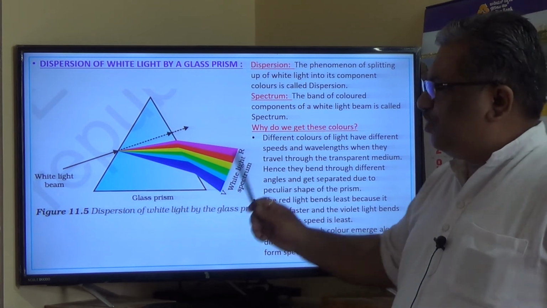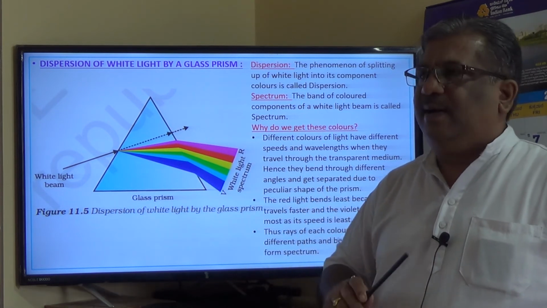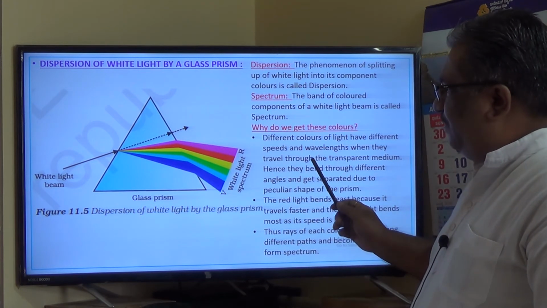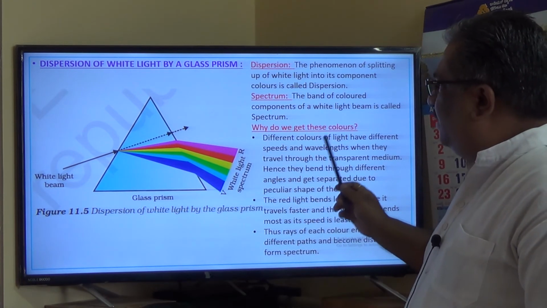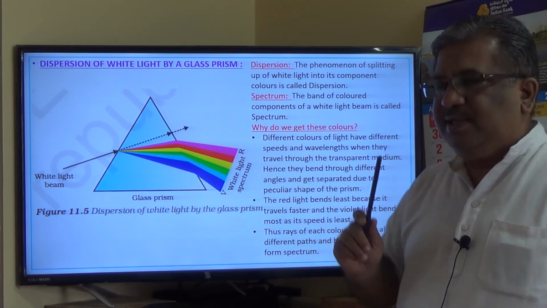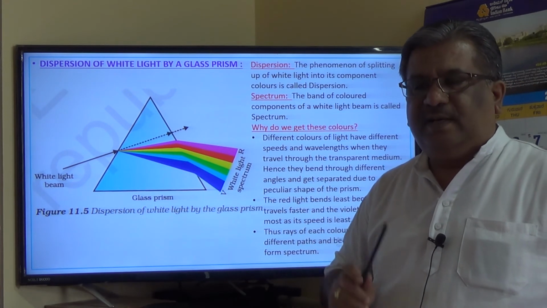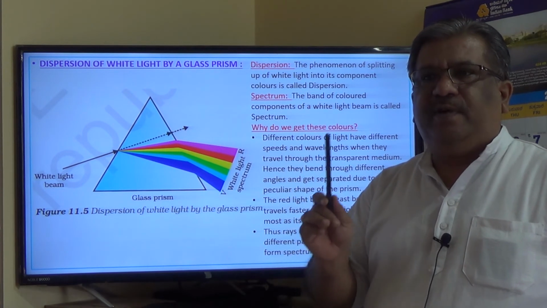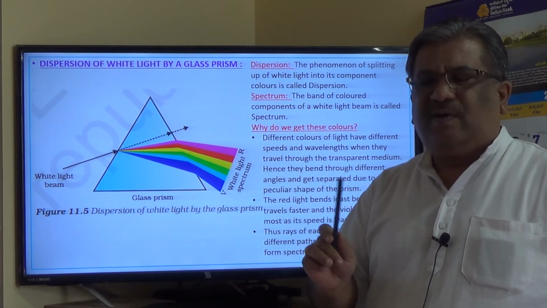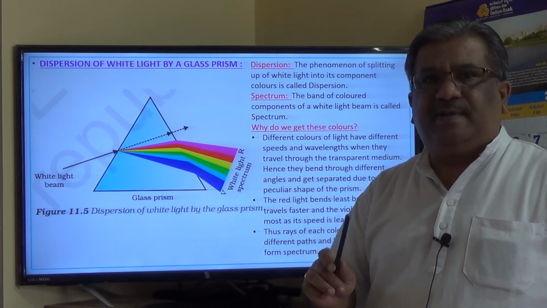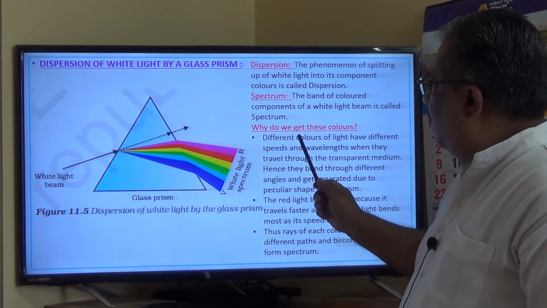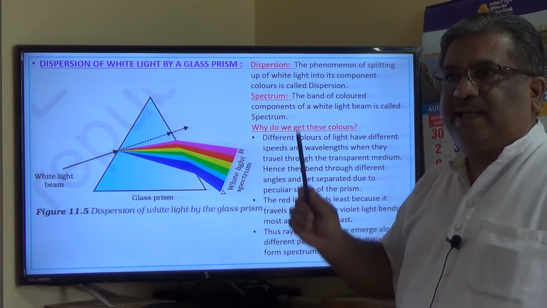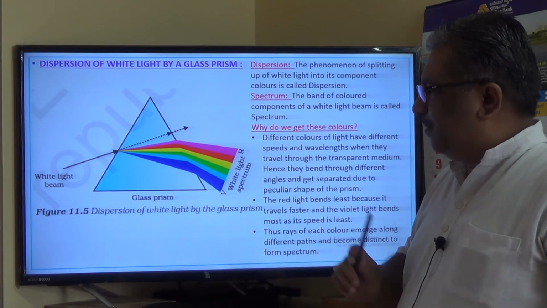Now, a question appears in the exam: why do we get these colors? Please remember, it is very important to understand the textbook explanation for the production of these colors, the textbook explanation for dispersion.